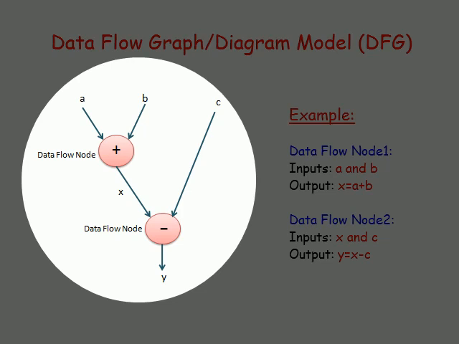This is how the data flows from one step to another. Here the basic inputs are A, B, C, which are given data, and Y is the expected output. So this way the data flow graph travels from input to the desired output.